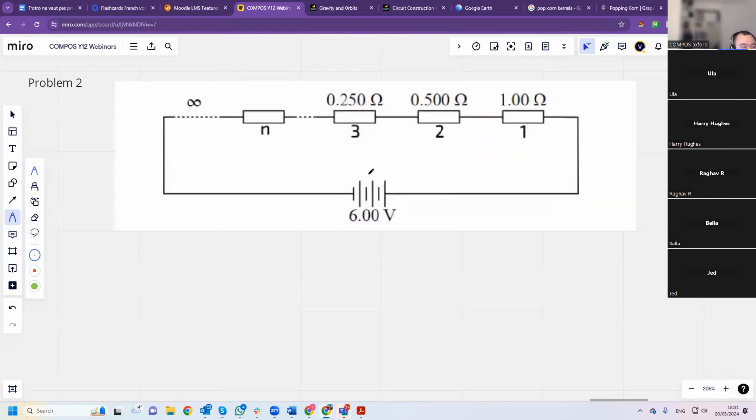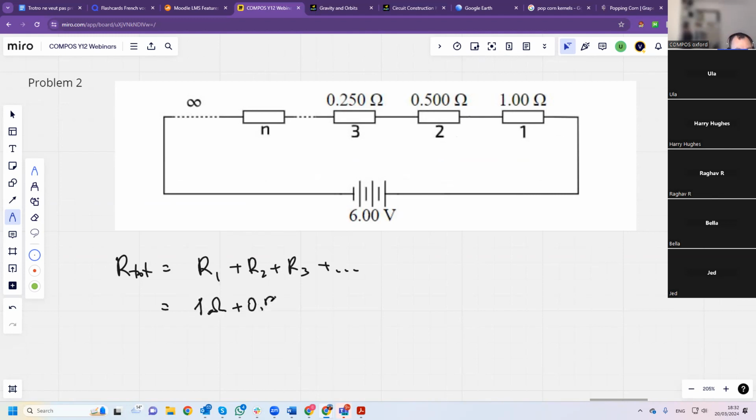So the total resistance is the resistance 1 plus resistance 2 plus resistance 3 plus etc. So that is 1 ohm plus 0.5 ohm plus 0.25 ohm plus etc. infinity times. What is that equal to?